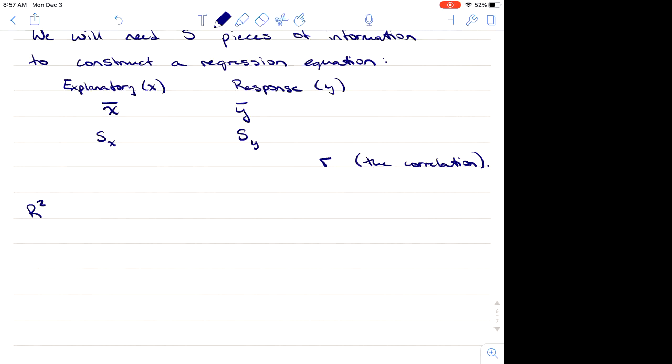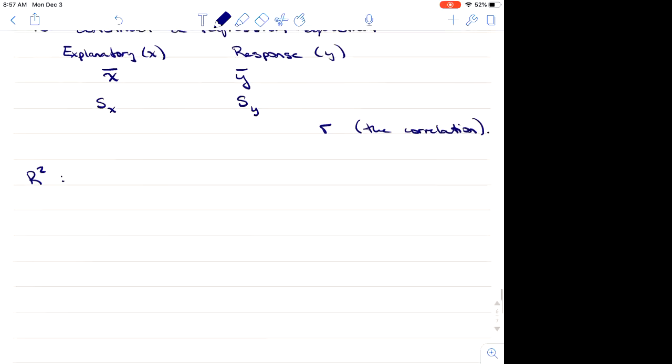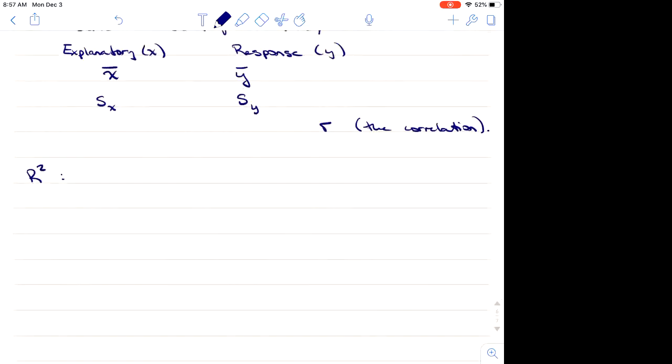Okay, so R squared, by definition, and you've already pulled up the R squared in the lab, right? We found the R squared with the summary of the model command.